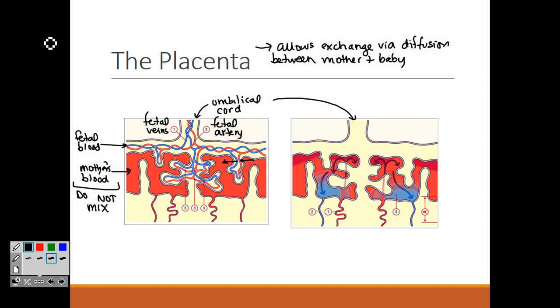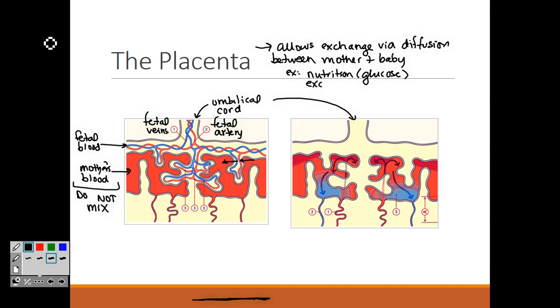And so some examples of this exchange would be things like nutrition. So, baby needs food. Mother is going to provide it, typically in the form of glucose or some other sugar like that. So as the baby's blood passes through these blood vessels next to the mother's blood in the placenta, glucose could diffuse from the mother's blood to the baby's.